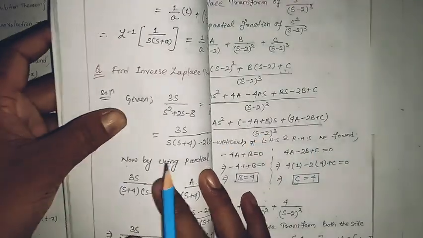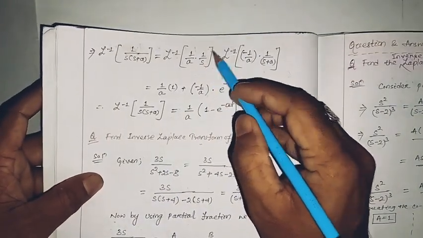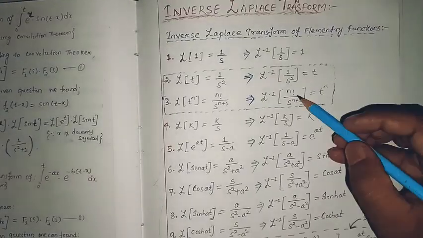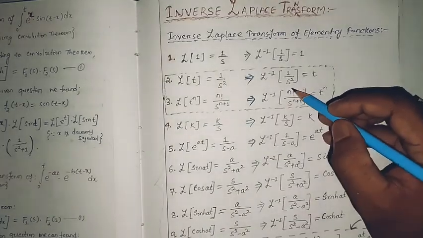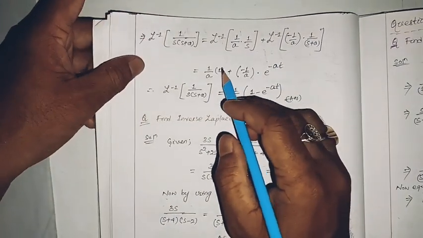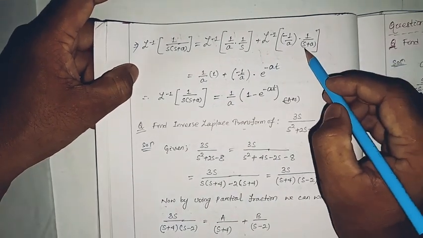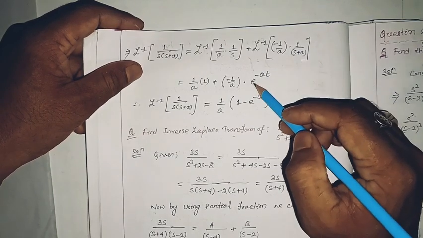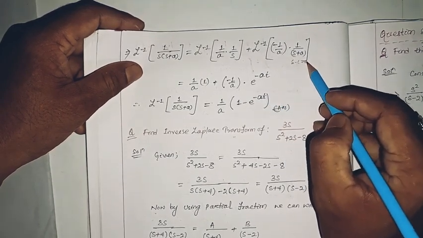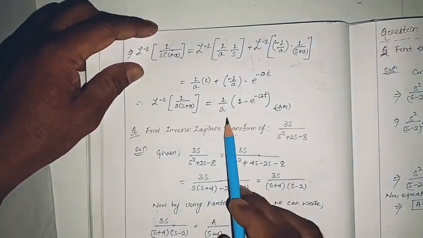So here it is 1 by s. So 1 by s to the power 1 can be written as 0 plus 1, right? So it will be t to the power 0, and this will be 0 factorial, which is 1. So n here is 0. So the inverse Laplace transform of 1 by s will be 1. Then 1 by s plus a: as we discussed, the inverse Laplace transform of 1 by s minus a is e to the power at. This is written as s minus of minus a, so e to the power minus at. No need to write it here. So we found the answer is this one.